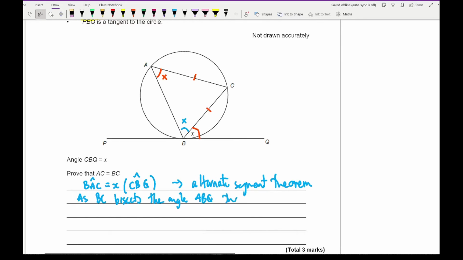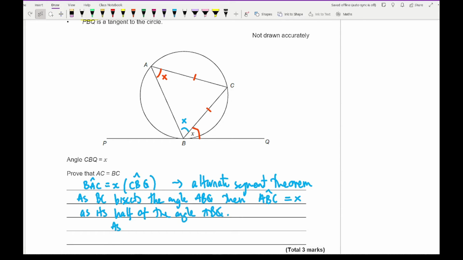then angle ABC equals X, as it's half of the angle ABQ.